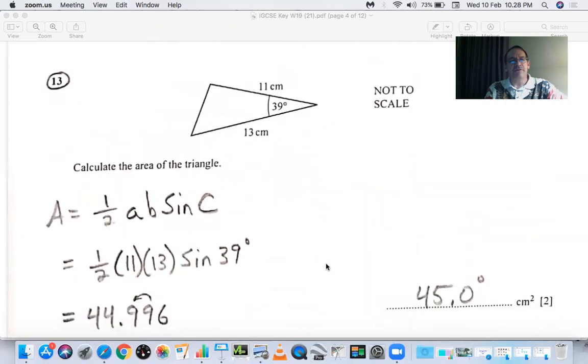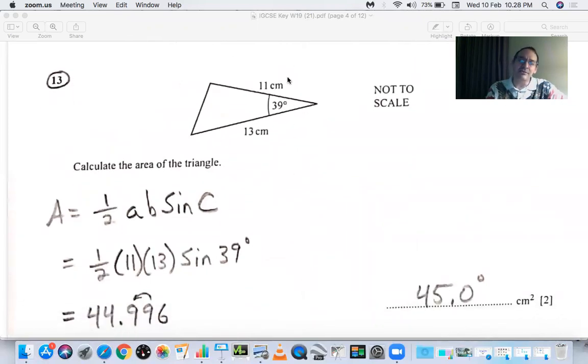Here, number 13 is a triangle. It wants us to calculate the area of a triangle. Now, a lot of students will think half base times height, your geometric formula, but it's a little difficult to figure out the height from this.